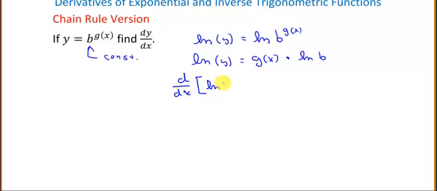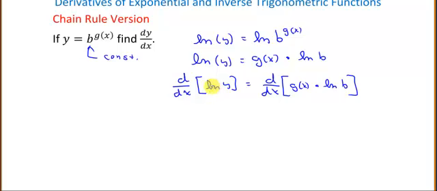Notice what we get here. On the left-hand side, we think of y as a function of x, so the natural log of y is a composite function.